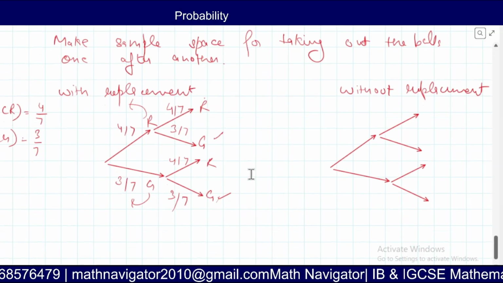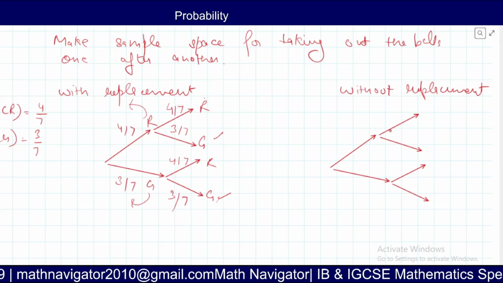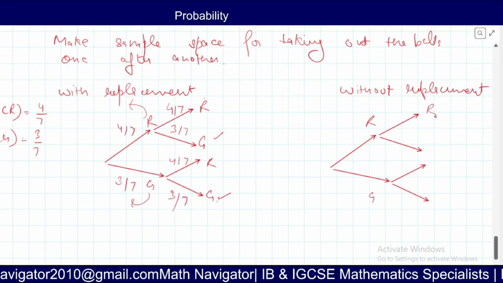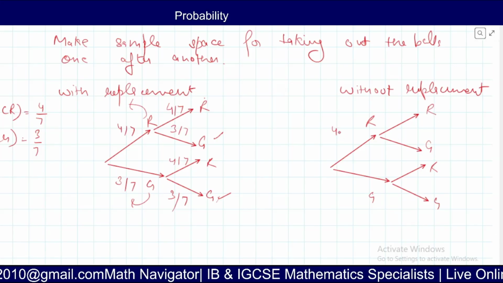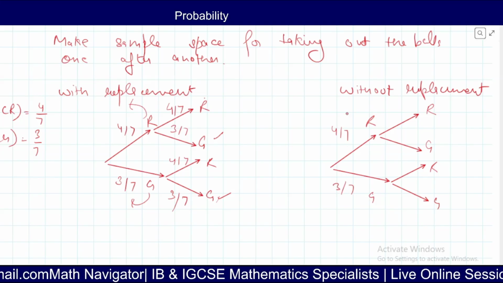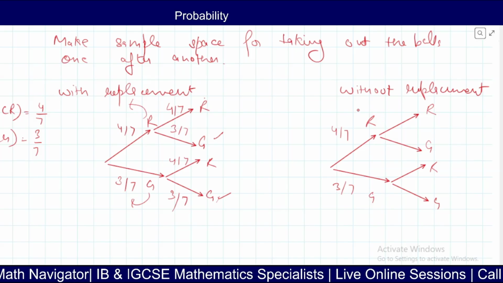But if you talk about the second thing, let's do this as well. Then you'll understand the difference. Red, green, red, green, red, green. So my probability of red is 4 by 7 and green is 3 by 7. So let's say you have taken one ball out. Let's say it is red. So what happens? One red ball is decreased from the group.